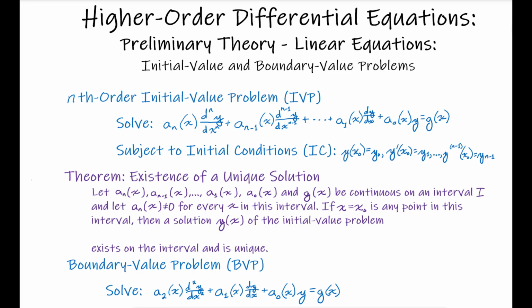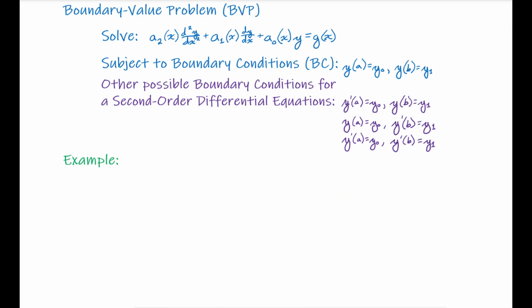If all of those coefficient functions of x, a sub n of x, a sub n minus 1 of x, down to a1 of x and a naught of x, and our function g of x on the right-hand side of the equal sign are all continuous on some interval I, and we let a sub n of x not be 0 for every x in the interval, and x equals x naught, so our initial value of x is some point in the interval, then a solution y of x to the nth order initial value problem exists on the interval and is unique.